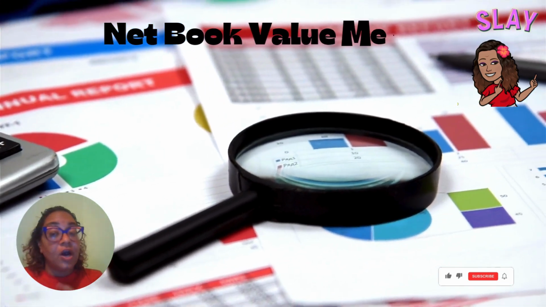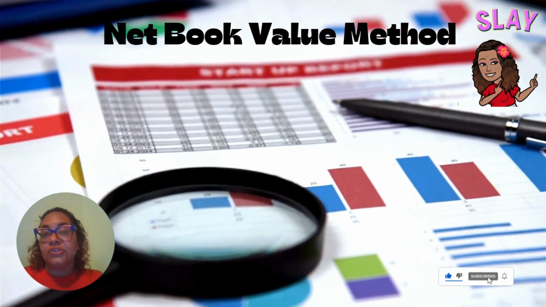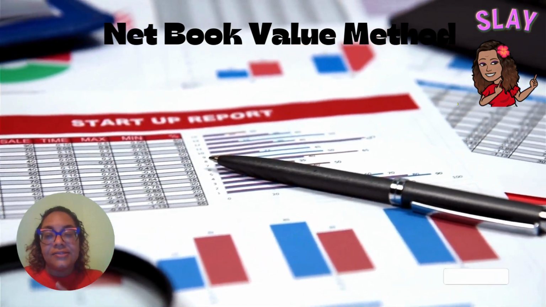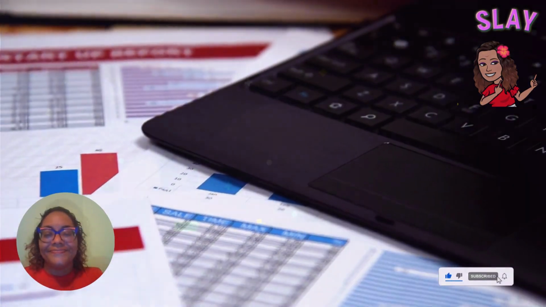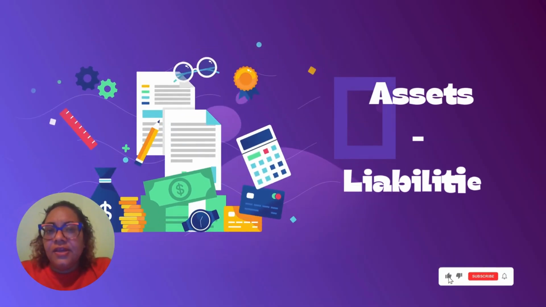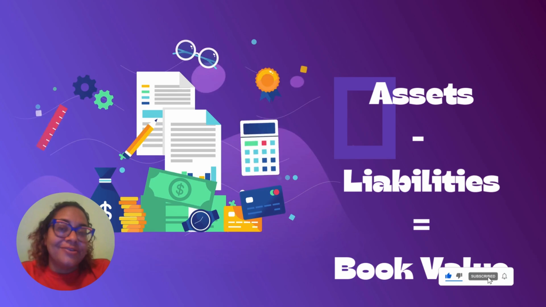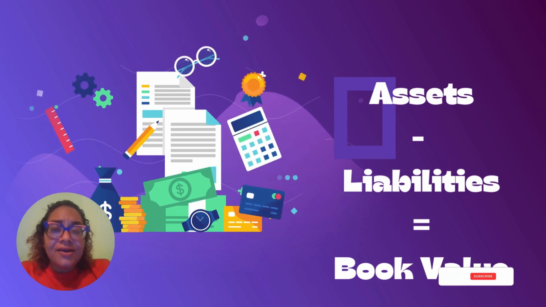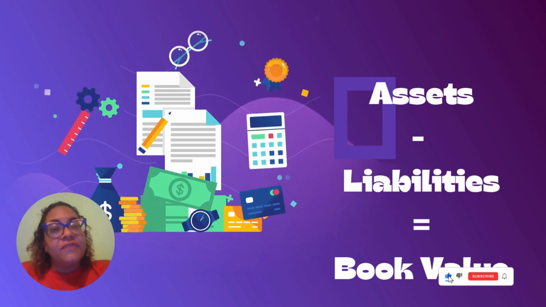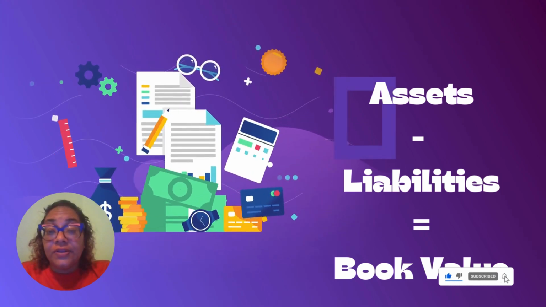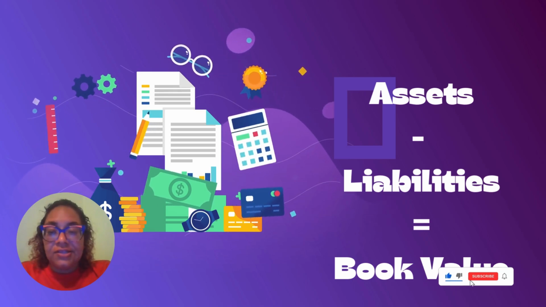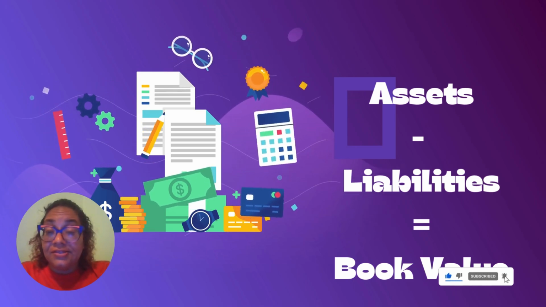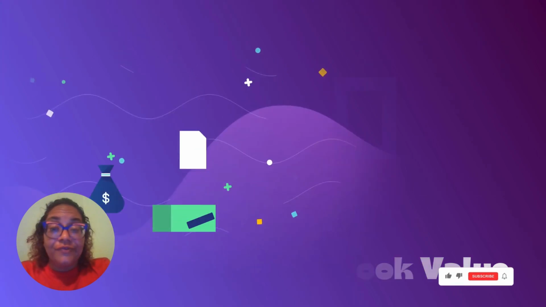This brings us to our third venture valuation method, the net book value or the book value method. So, the book value method is probably one that you're most familiar with because it is an accounting measure that values the business based on the assets minus depreciation, amortization, and liabilities to give you that book value figure.